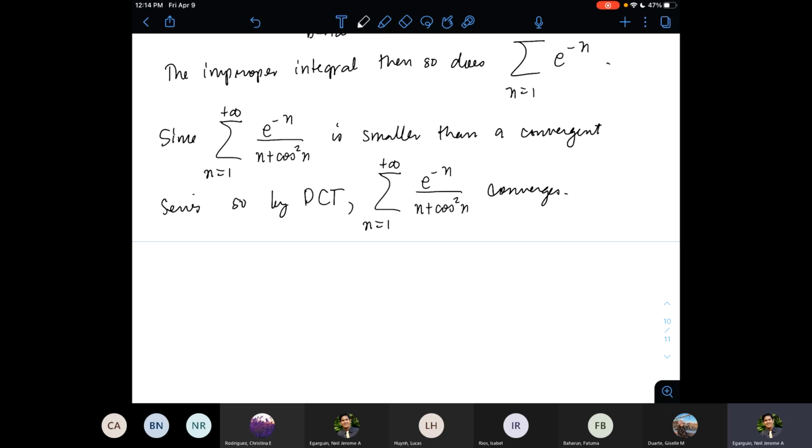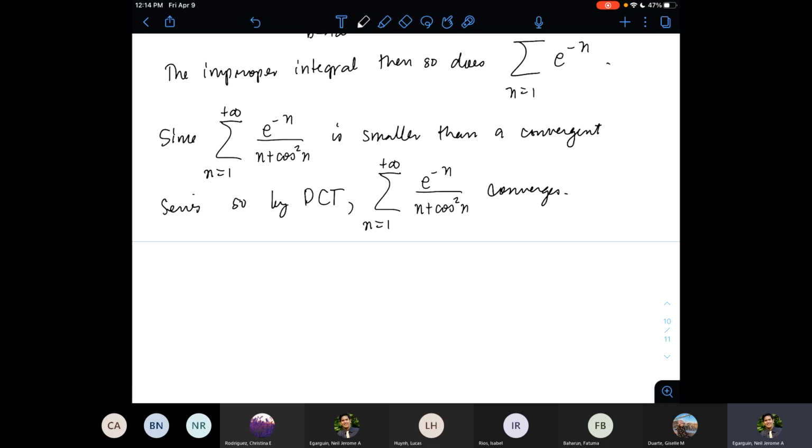But even then, the direct comparison test is limited in the sense that you can only draw a conclusion if you get a larger convergent series or a smaller divergent series. Otherwise, no conclusions can be made. At least for me, the direct comparison test is enjoyable because it's like solving a puzzle, coming up with a larger or smaller series, but it's very limited in scope because your testing functions must satisfy very stringent conditions.